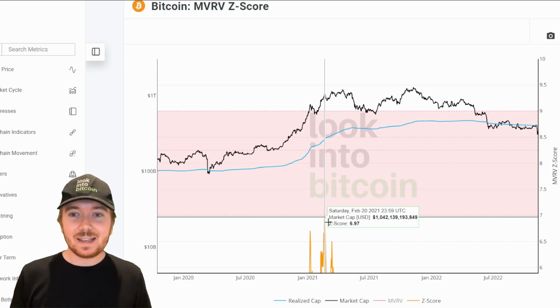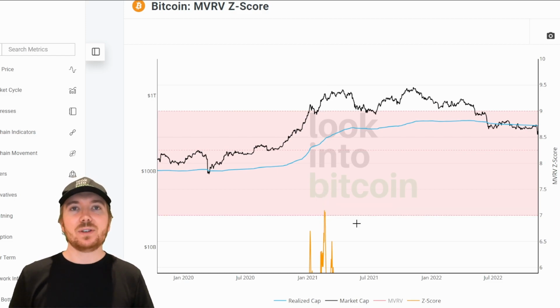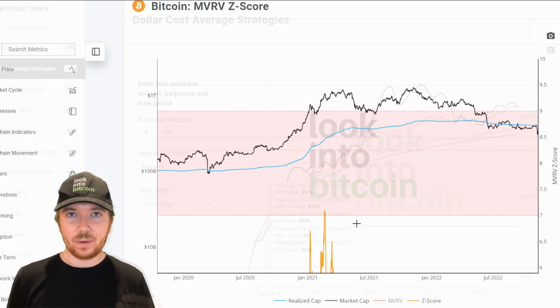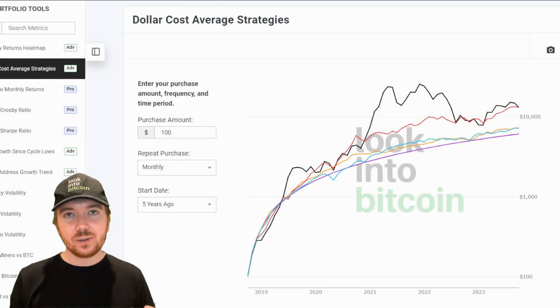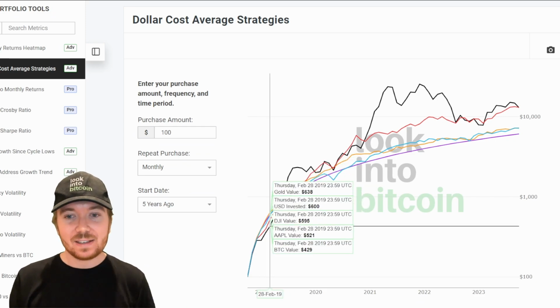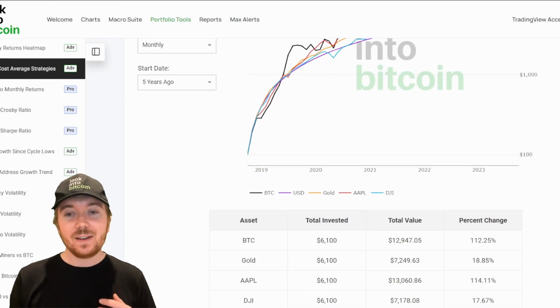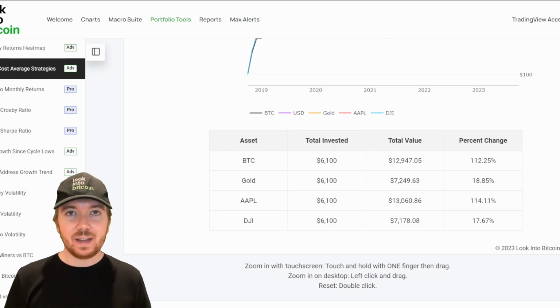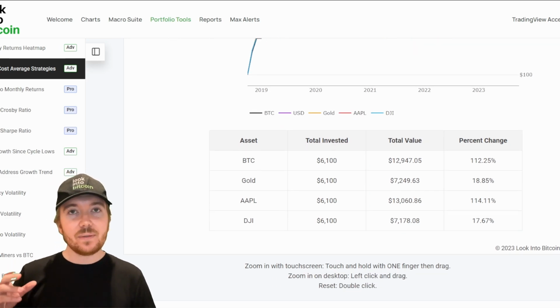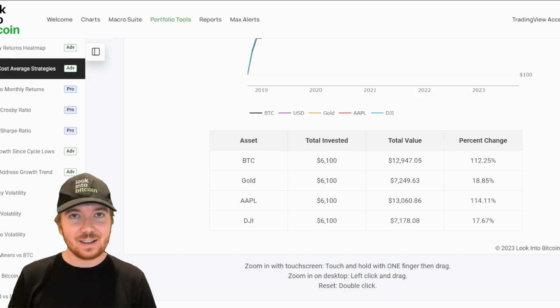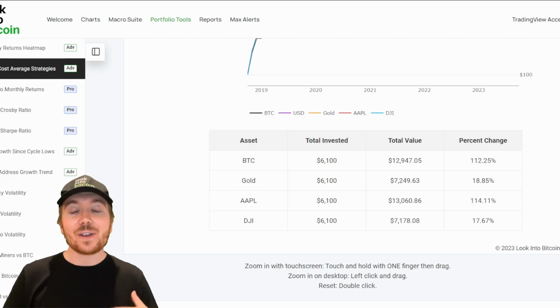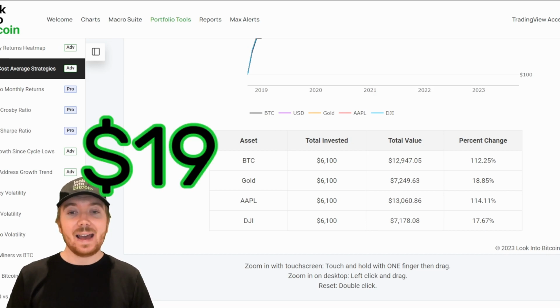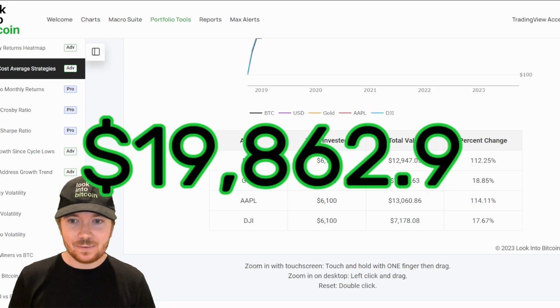But again, just to keep things simple and really outline how much just combining two very simple metrics can potentially outperform. So how does accumulating when Bitcoin is under that investor tool line and selling at the MVRVZ score compare to dollar cost averaging? Well, on a 5-year basis, if you were to have taken profit, like we said, at the peak of the 2021 cycle, according to the MVRVZ score, not the actual all-time high, you'd have taken profit of $19,862.94.